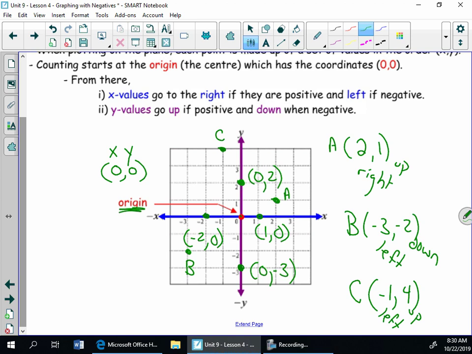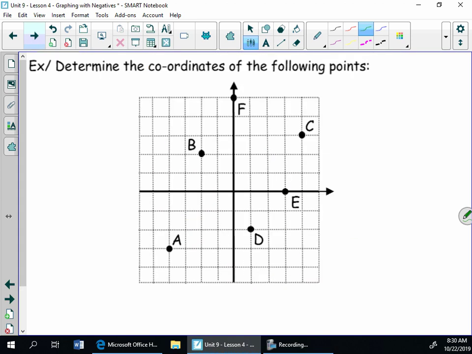Let's give some of these a try. Can you figure out my coordinates for me? Okay, so counting from 0, 0, we always start by going left to right first. So over 1, 2, 3, 4 to the left, and down 1, 2, 3. A has to be left 4, down 3. How about B?